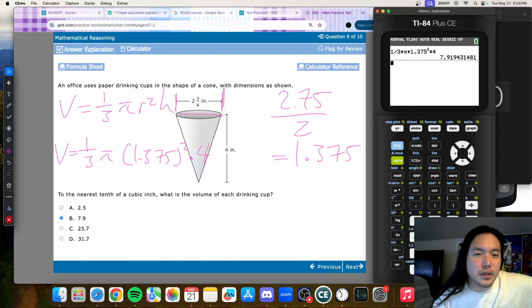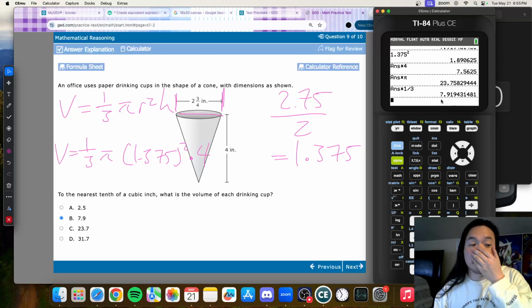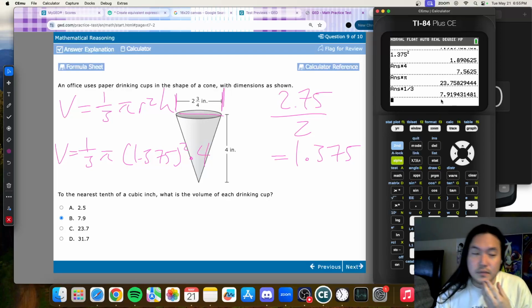You can also do it all individually. This is probably safer. 1.375 squared times 4 times pi times 1/3. Correct answer is 7.9. Very good.